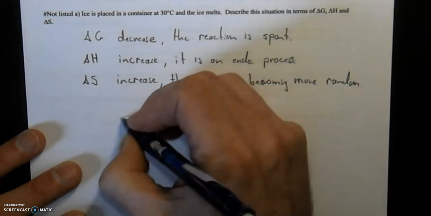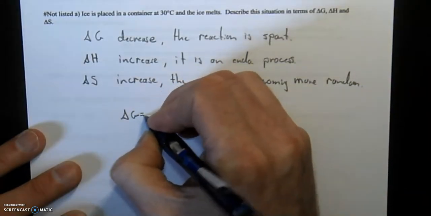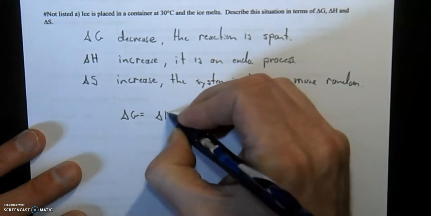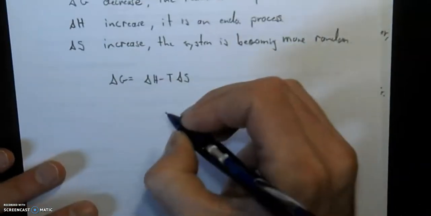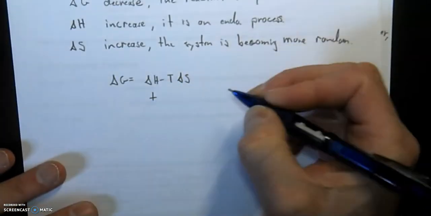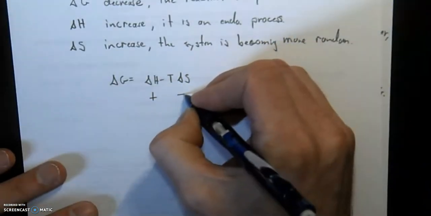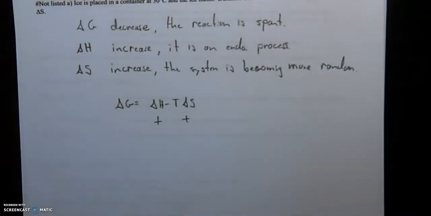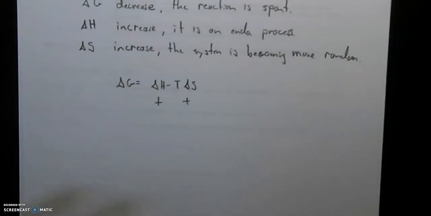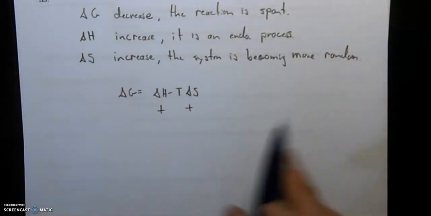And then again, they tie this whole thing together. Delta G is equal to delta H minus T delta S. Looking at how delta H is positive and delta S is positive as well, putting these together, how is this going to work out here?